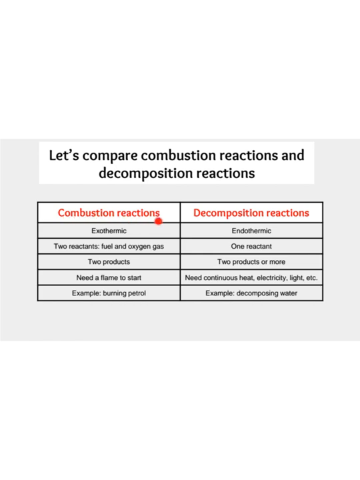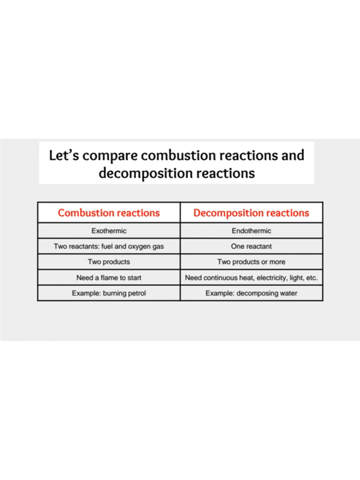In combustion, I'll get two products: carbon dioxide and water for complete combustion, carbon monoxide and water for incomplete combustion. But in a decomposition reaction, this one reactant is divided into two or more products.